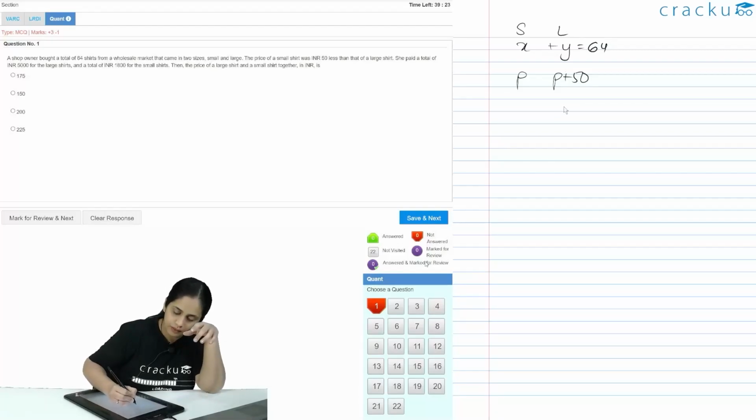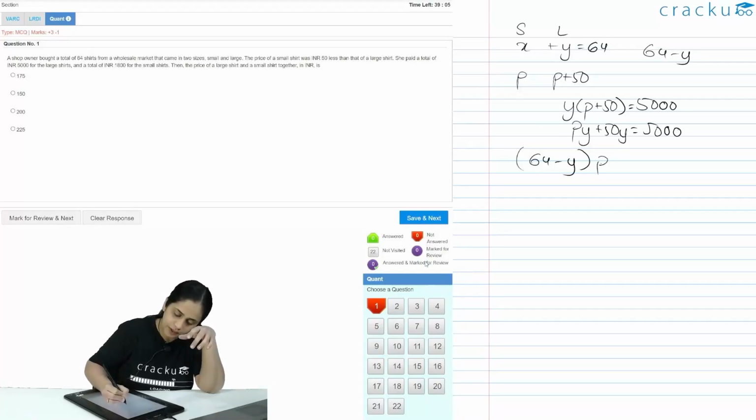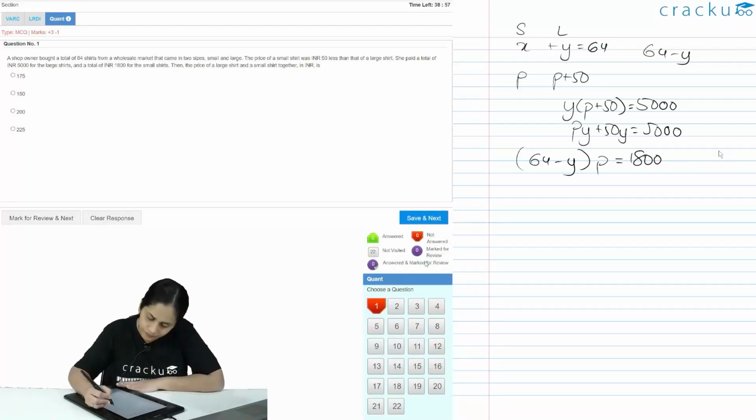So y times p plus 50 is equal to 5000. So py plus 50y is equal to 5000. And x is 64 minus y. 64 minus y times p is equal to 1800. So find the price of the large shot and the small shot together.